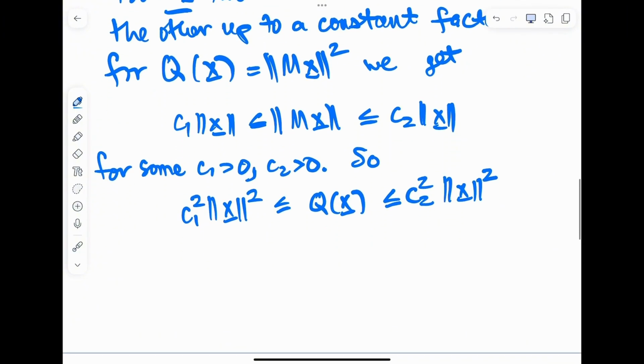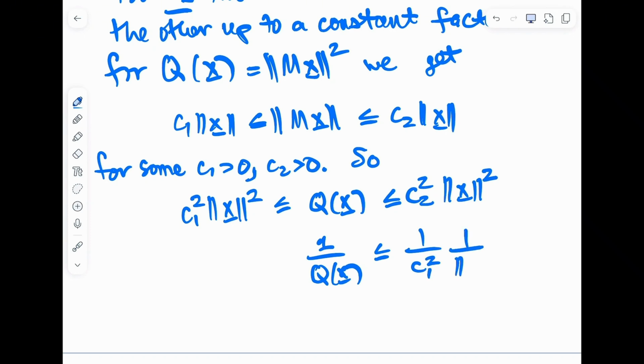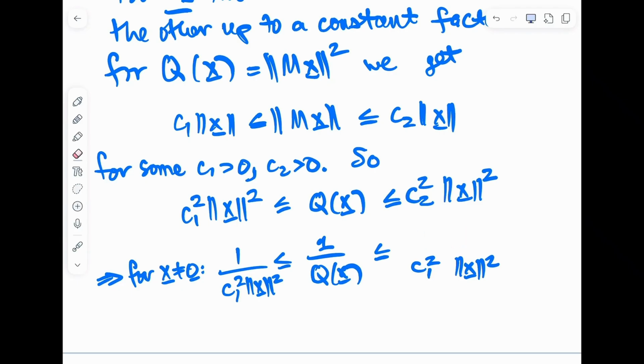And so if we reciprocate, then the reciprocal of the values of your quadratic form, of course, for non-zero x, the reciprocal can be compared above and below to 1 over the ordinary squared length.